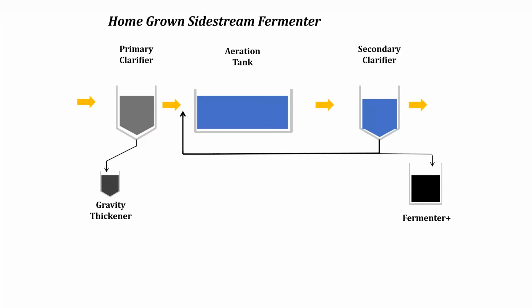That was pretty easy. The problem now is getting them back from the fermenter to the aeration tank. And in most plants, frankly, with a little sleuthing, there's some kind of a drain line or some kind of a manhole that a certain amount of sludge can be sent back and find its way into the aeration tank.